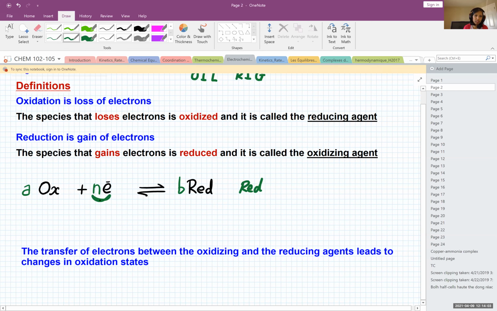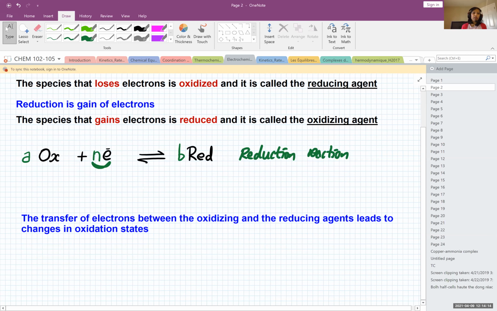Anytime you see electrons are being added on the reactant side, that's the reduction half reaction. And of course, it is getting the electrons from the oxidation step. That's how we see the exchange of electrons between the two. So this is the oxidizing agent.